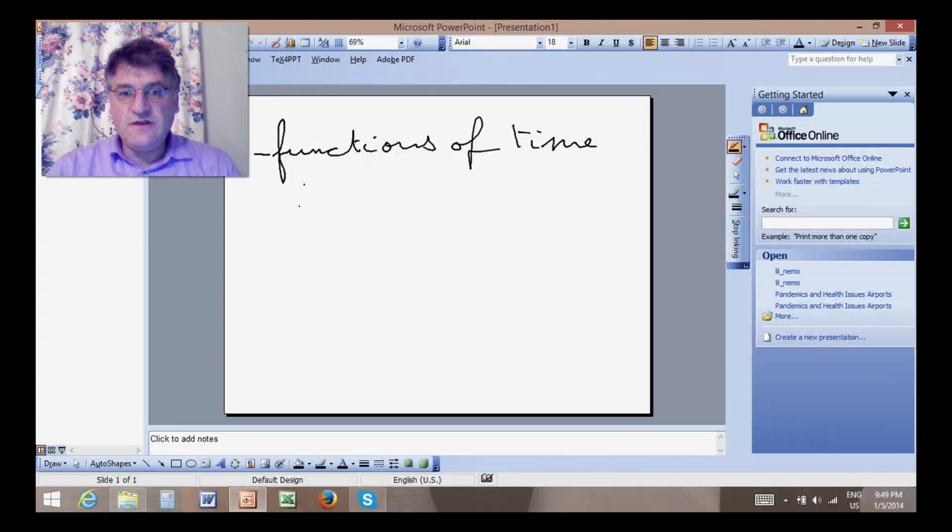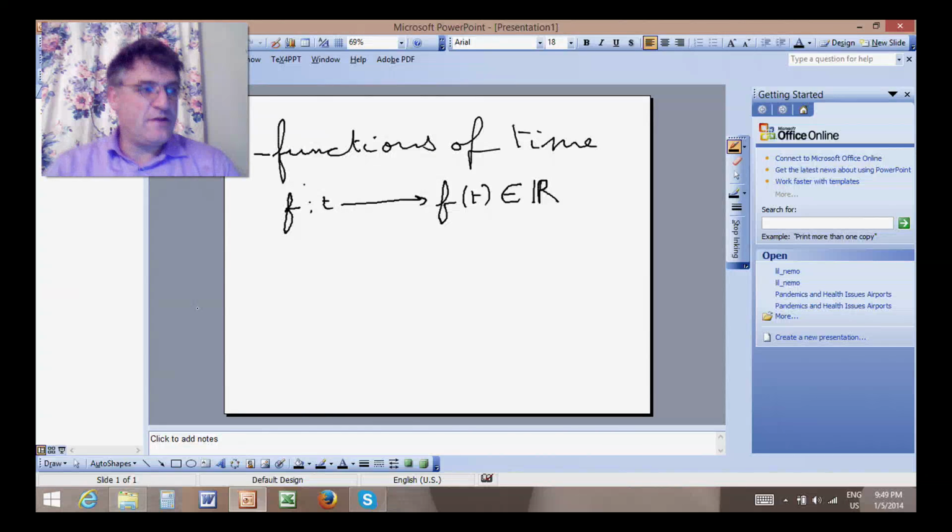We will begin with a scalar function of time, f, which takes time and then spits out for each time f of t. Again, we assume that f of t is for now a real number.